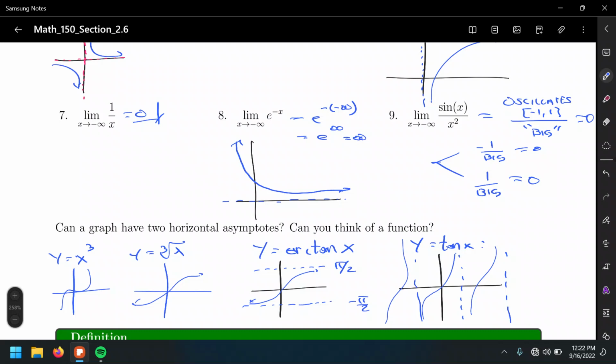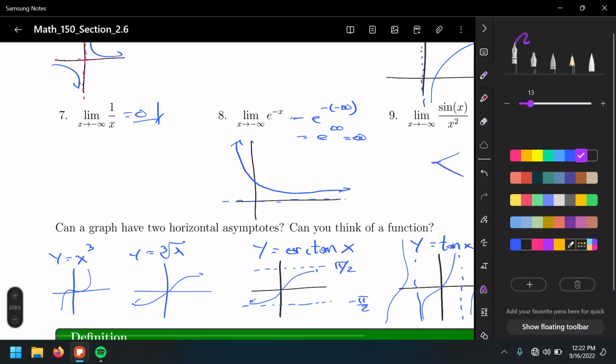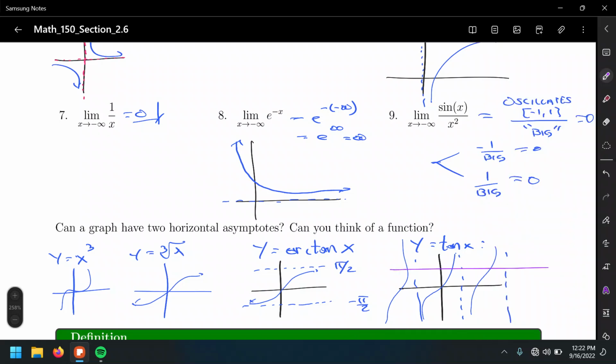You want to remember from the beginning of the semester that a function is one-to-one, from the graphical approach, if it passes the horizontal line test. And in this case, the horizontal line test crosses, from this picture, 3 times.